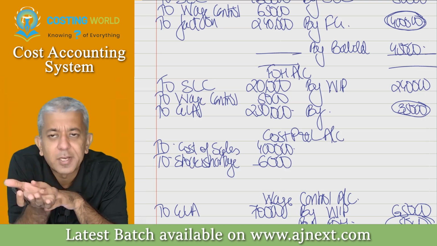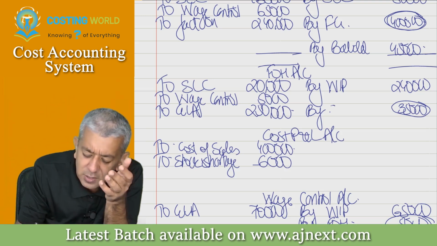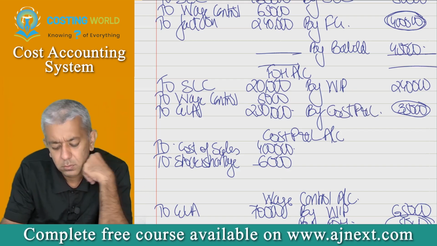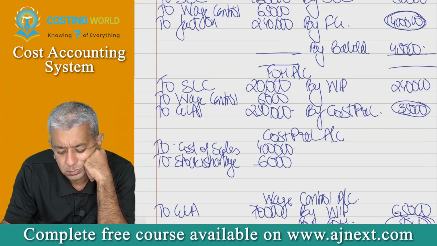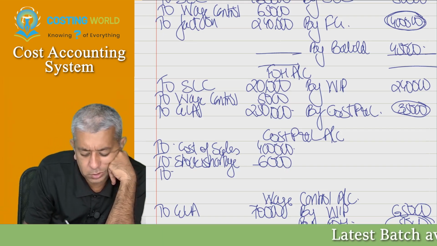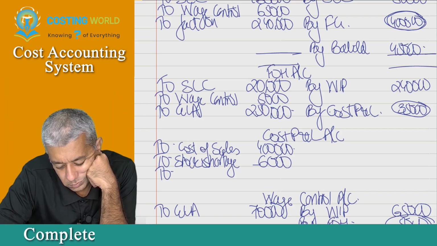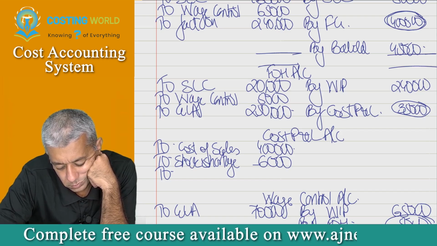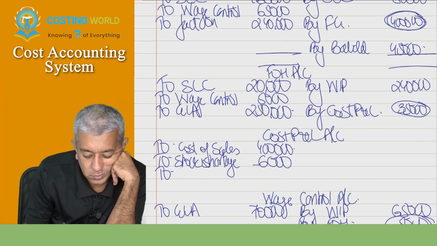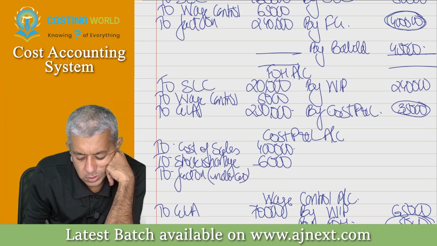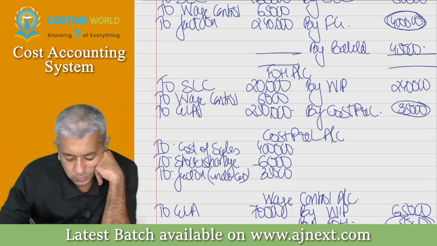So therefore we like to adjust it, and whenever you are adjusting it, in that case we always follow the costing P&L method, no? Yes, sir. 35,000. So therefore, over here, to factory overheads. This is under absorption, 35,000.